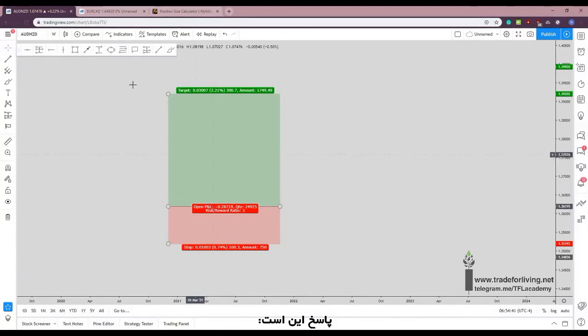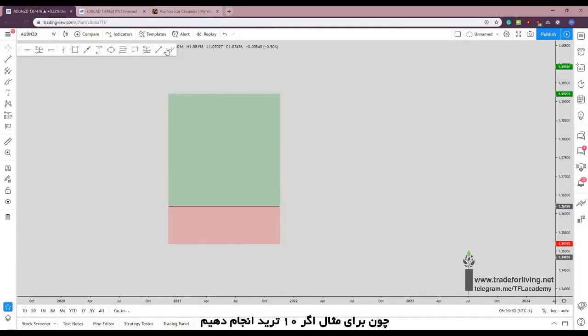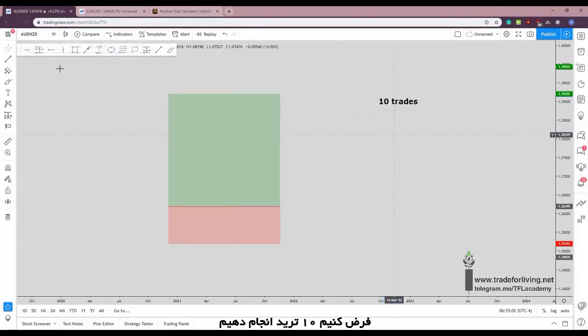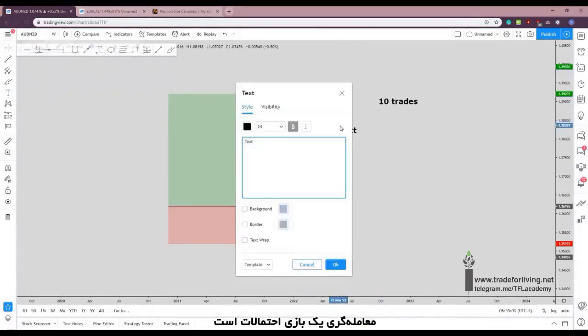The reason is that if, for example, we take 10 trades, I need to write it because it will be easier. Let's imagine we take 10 trades, and obviously trading is a game of probabilities, so you won't be right all the time.